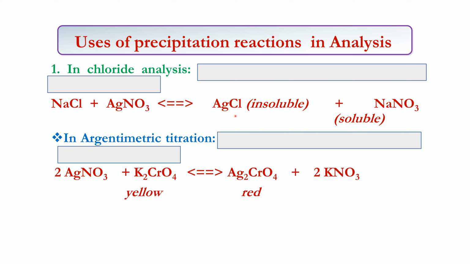In argentimetric titration, precipitation is used to determine the chloride content. So the endpoint of the titration is reached when you form red precipitates of silver chromate.